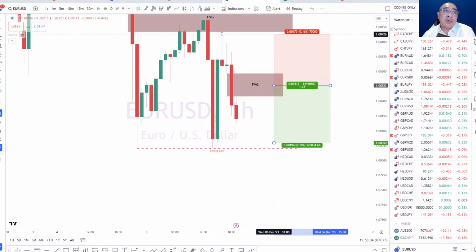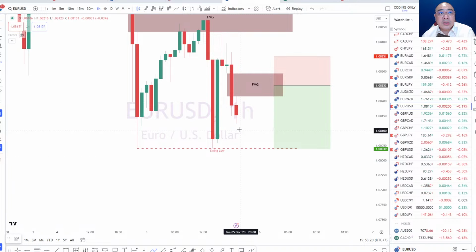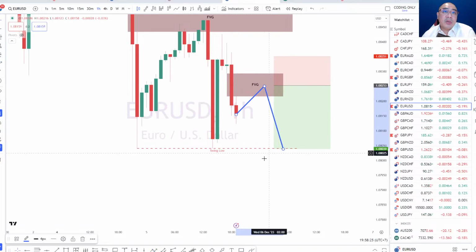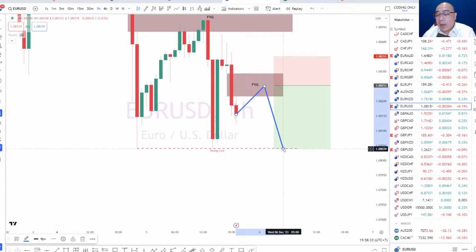I don't need to have my stop loss at that swing or anything above that, because that would create a lot of distance. I can just say, okay, I'll have my stop loss maybe 10 points above the fair value gap, and maybe the market will come back to test that swing low, but I'm anticipating that the market will test the fair value gap and fail in between, and potentially attempt to go to that swing low and potentially break structure there. Okay, that's how we actually use the fair value gap.